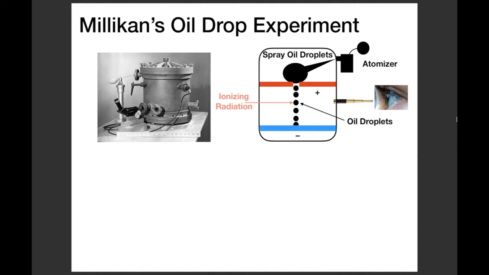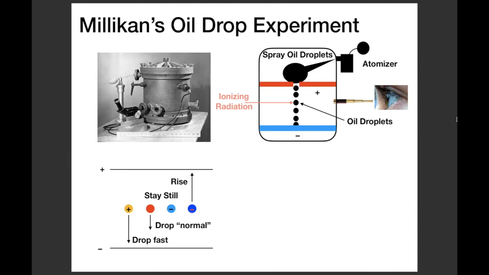This microscope has a ruler on it so that the observer can measure both the size of the oil droplet and the velocity at which that oil droplet is falling. In addition, there's a source of ionizing radiation that is shot at these oil droplets, which generate positive and negative charges on those oil droplets.